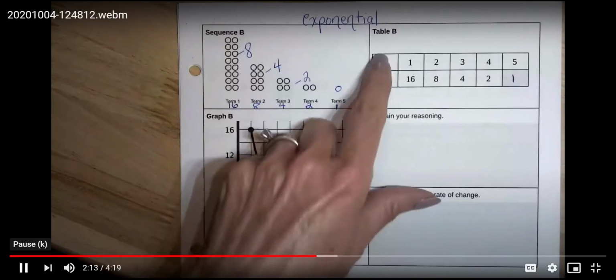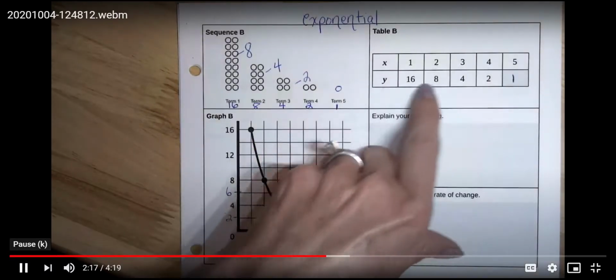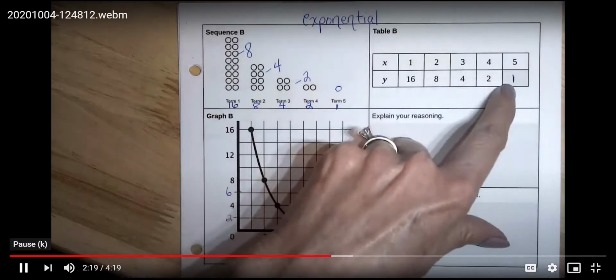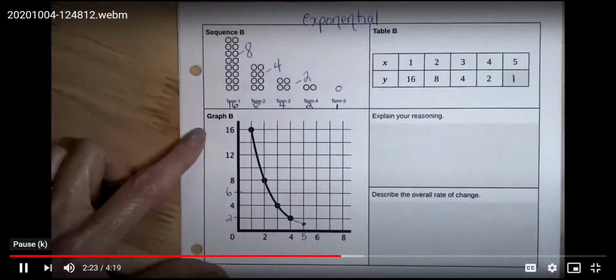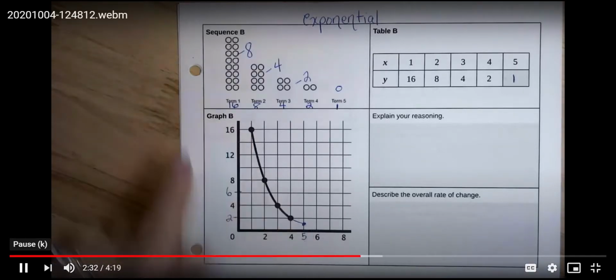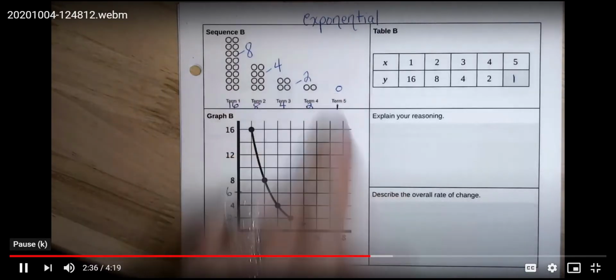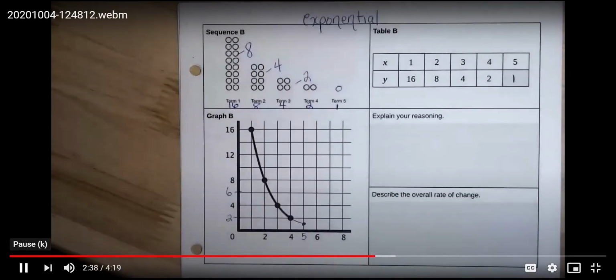Our X and Y table, X is the number of each term, Y is the number of circles. So again, at term 5, you can record 1 circle. Over here for graph B, we can go ahead and continue our graph. Our graph this time is decreasing. You read a graph from left to right, just like you read the sequence left to right, just like you read a book.